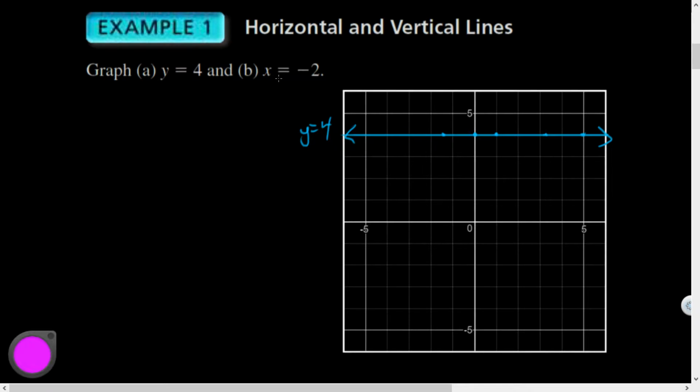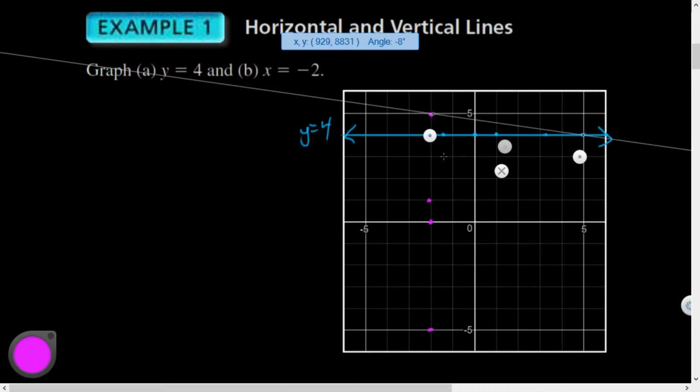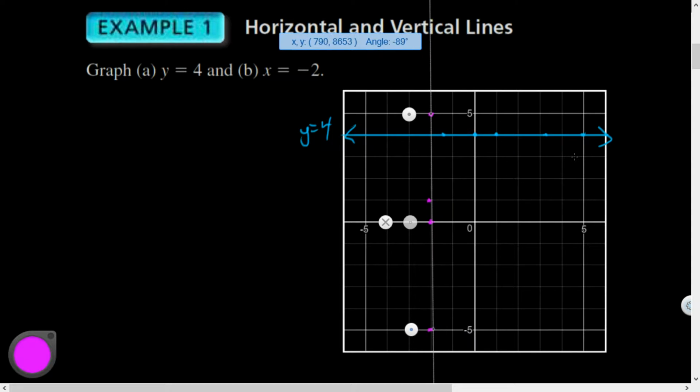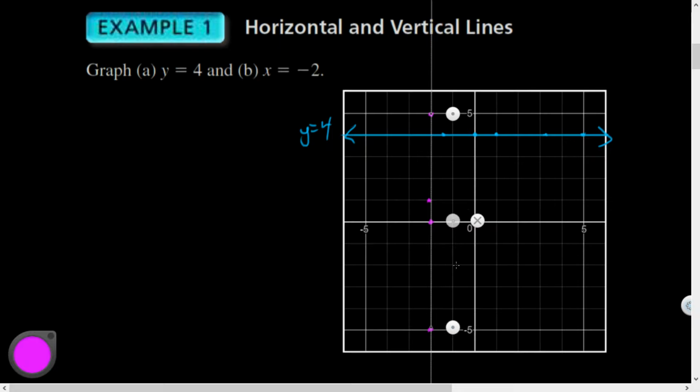Now, if I want to graph x equals negative 2, that would be like (-2, 0), (-2, 1), (-2, -5), (-2, 5). It's going to end up being all of the points that form a vertical line. This is a line, but it is not a function.